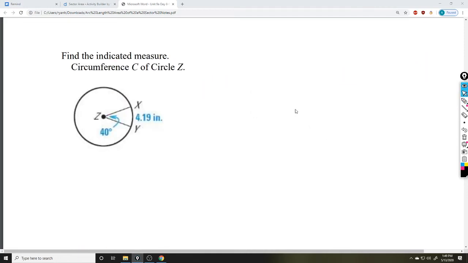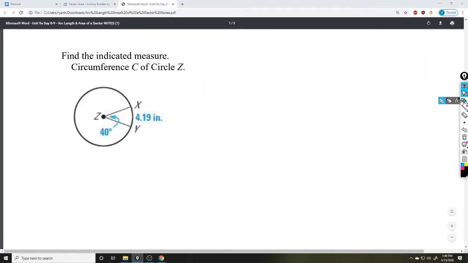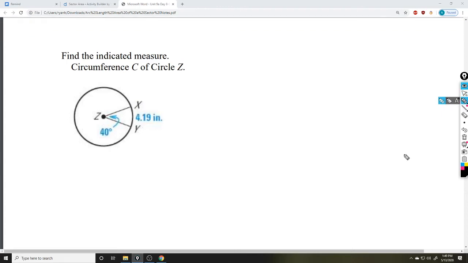Now, let me do one more problem here with circumference. Sometimes on some of these problems, you're going to be asked to solve for the circumference instead. So this time what I know is my arc length. So I know my length, and I want to solve for the circumference.